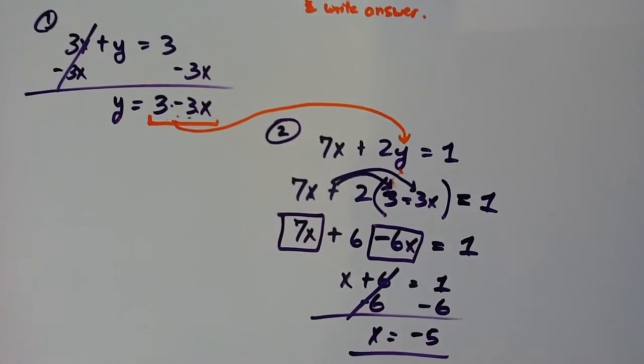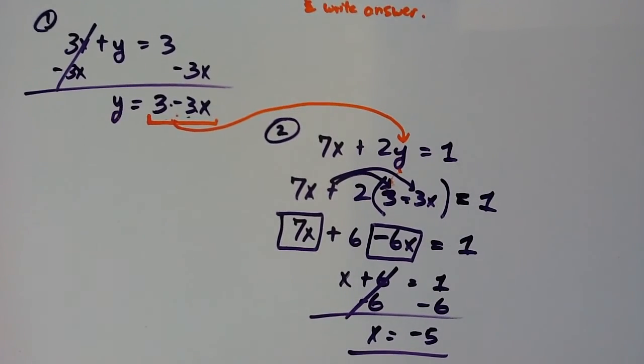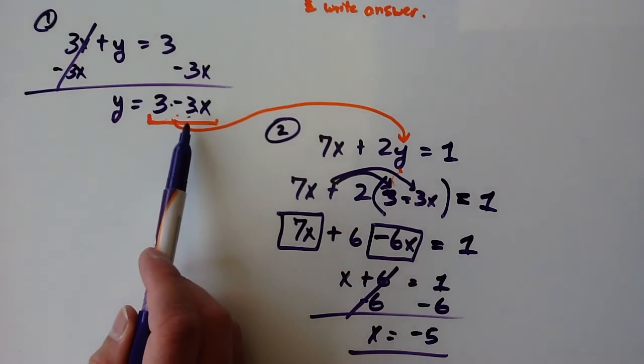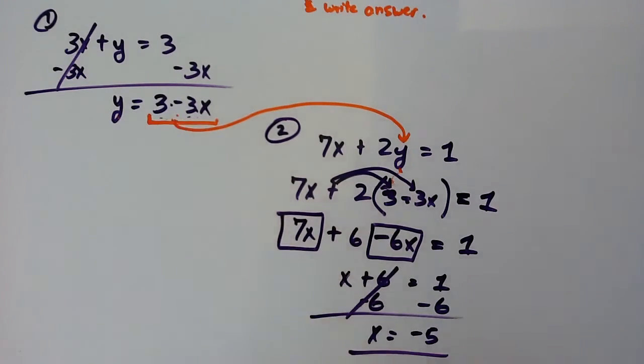But remember, my solution to the system will be an x value and a y value. And so if I have x, how am I going to get y? Well, wouldn't it be nice if we knew some expression that y was equal to? Well, it just so happens we have that right here, right? y is equal to 3 minus 3x.